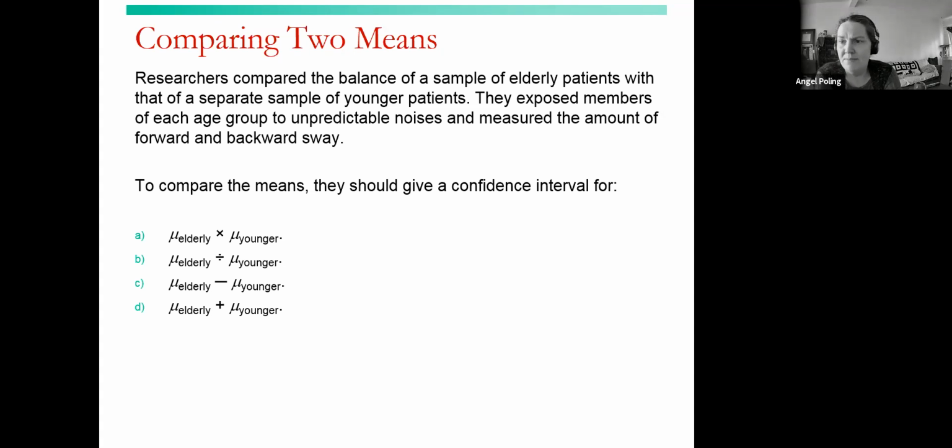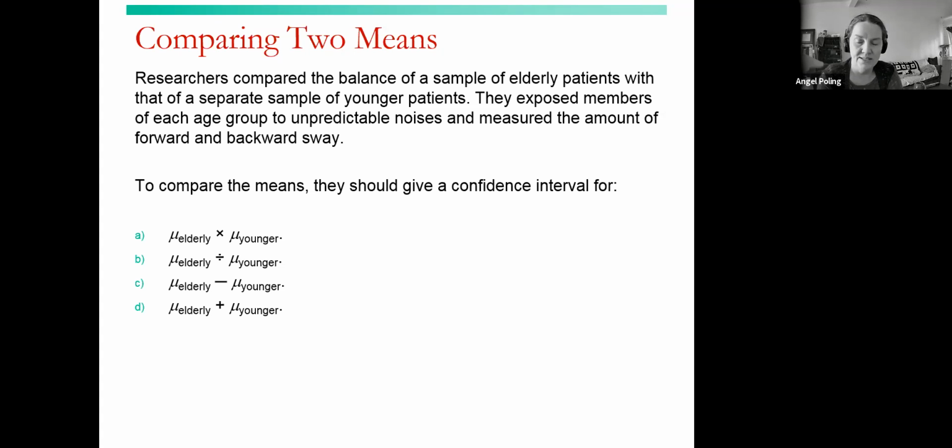To compare the means, they should give a confidence interval for the difference between the elderly mean and the younger mean. And see how here the subscript is the word elderly and the subscript is the word younger. And they could have easily said the elderly patients are group 2 and the younger patients are group 1.